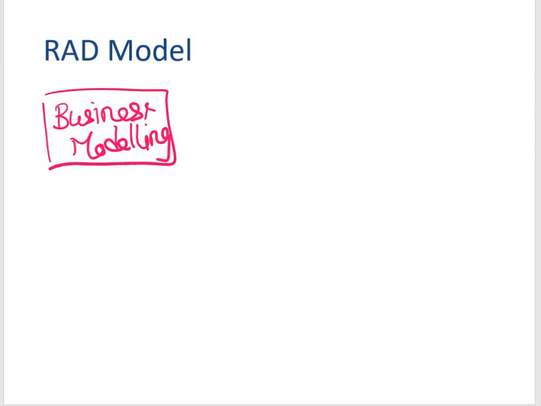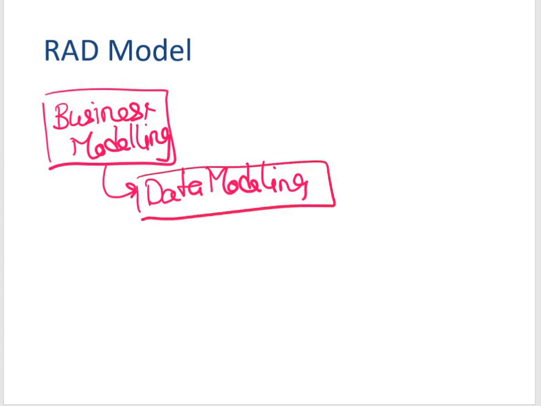When we talk about the rapid application development model, we have business modeling, then data modeling, and then process modeling.